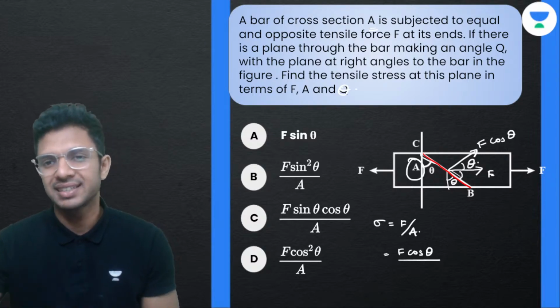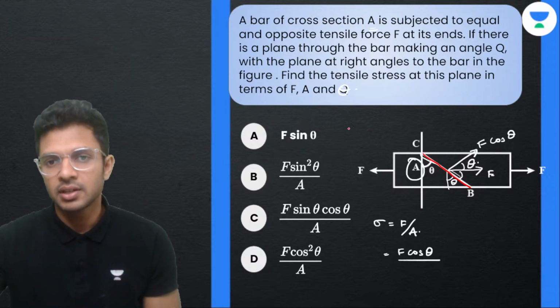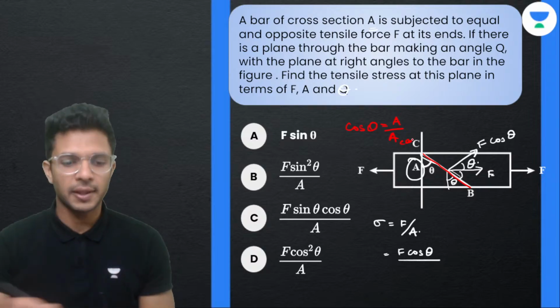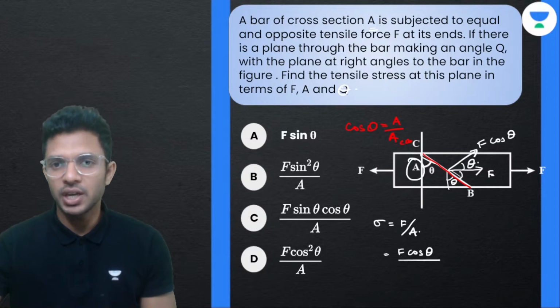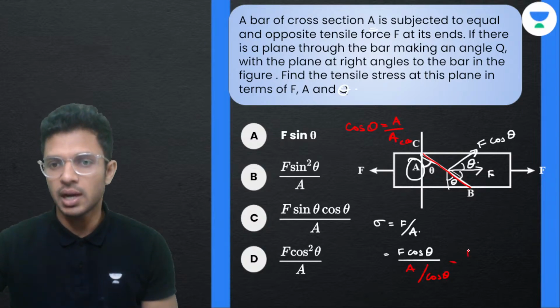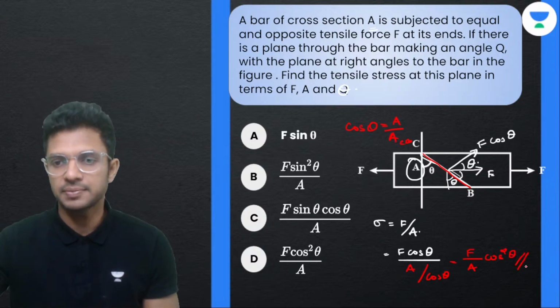How will we do that? Take cos theta. I hope you can see theta here. Cos theta is equal to adjacent, which is the given area A, divided by the hypotenuse, which is area of CB. So area of CB is A divided by cos theta. So cos theta will go up. So the stress is F by A cos square theta.